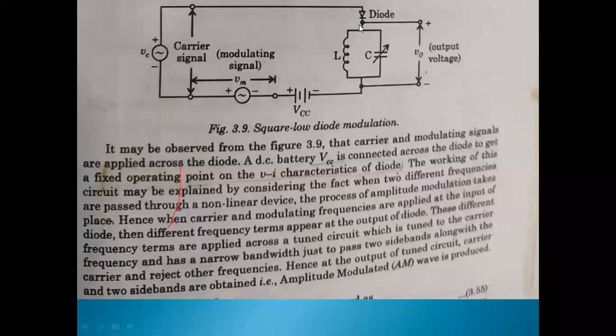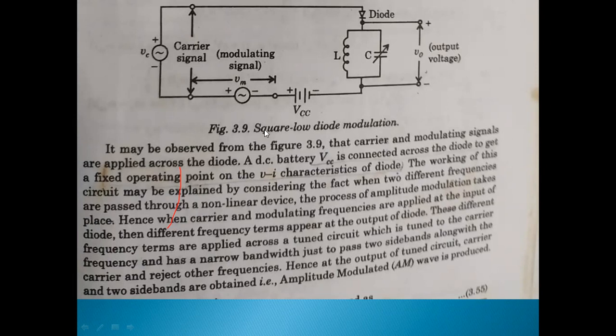So this is the diode. The diode output is given to a tank circuit. The tank circuit has L and C values. C is a variable capacitor, L is a fixed value. Across the C value we take the output V naught. So this is a simple square law diode modulator.